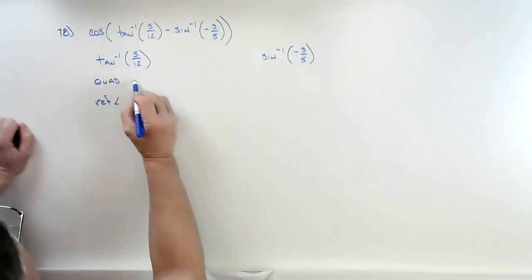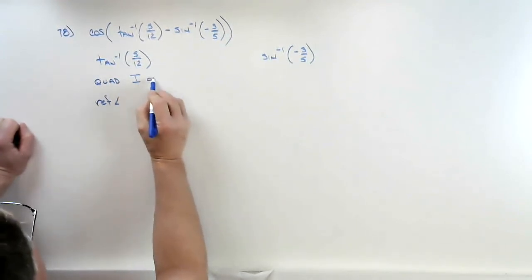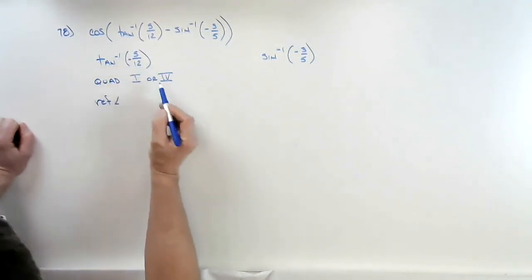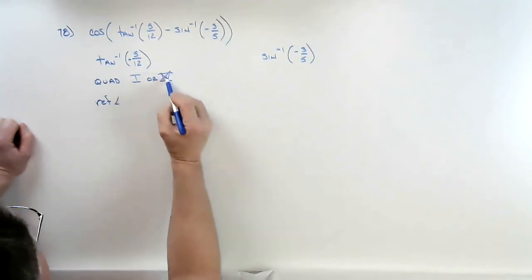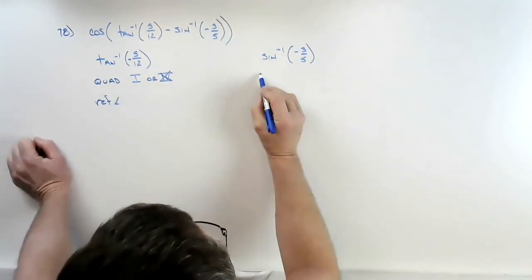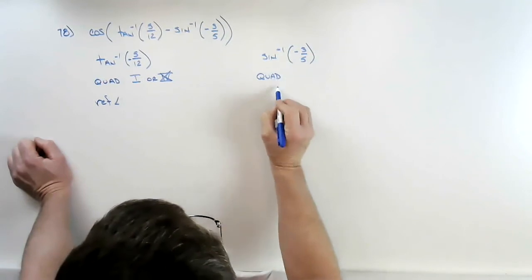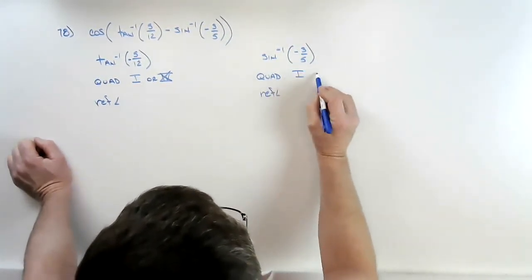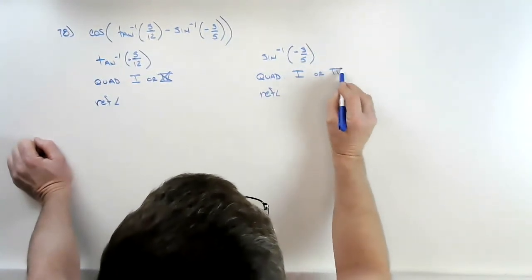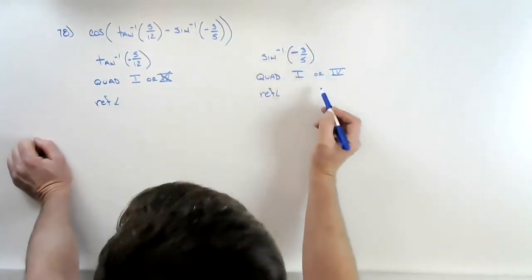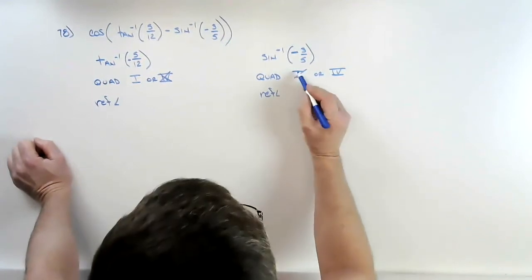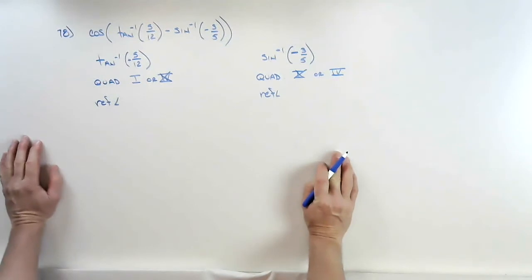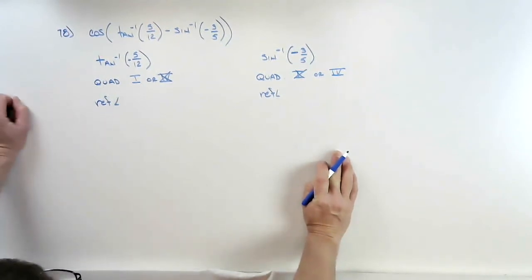Now, inverse tangent is defined in quadrant 1 or quadrant 4. We're positive, so we're in quadrant 1. Inverse sine is also defined in quadrant 1 or quadrant 4. We're negative, so we're in quadrant 4. So we know what quadrant we're in. Now we need our reference angle.